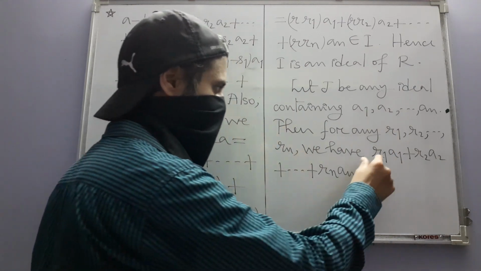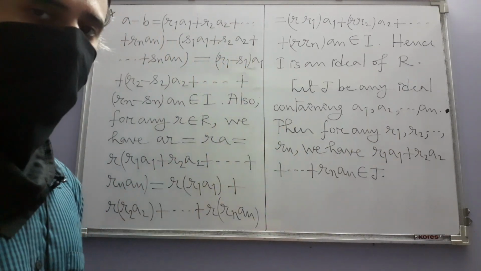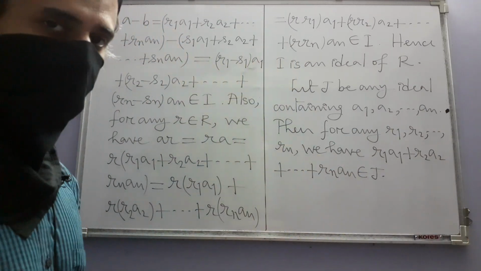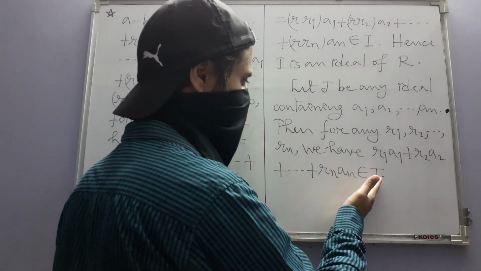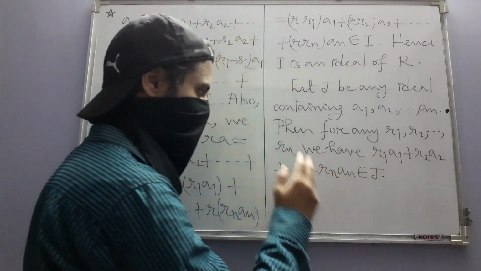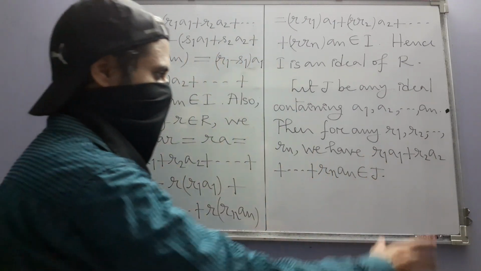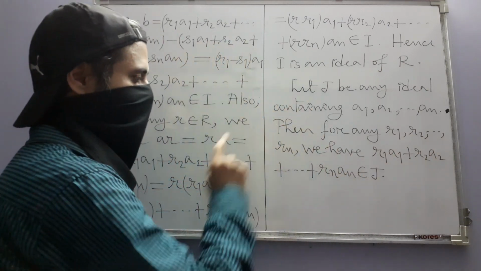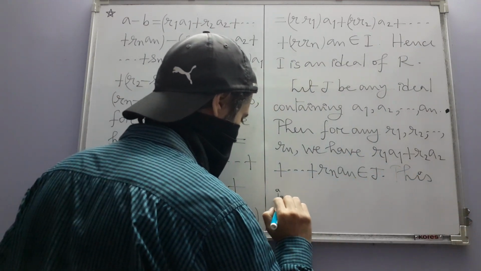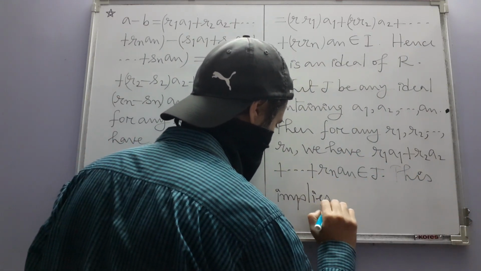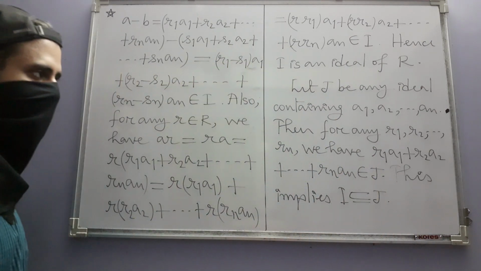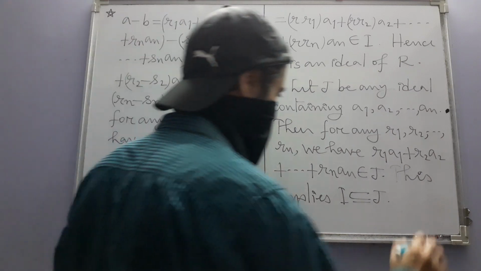Since J is an ideal, R1 A1 will be an element in J. That's how all the Ri Ai's are elements in J. But again, because J is an ideal and hence a subgroup of R under addition, the sum of these products also belongs to J. But this is an arbitrary element in I. So this implies that I must be contained in J. Okay, so now we have the solution.